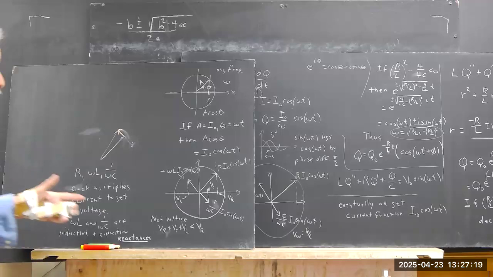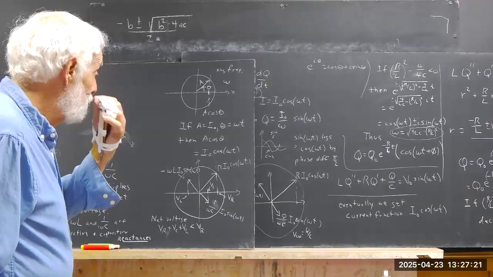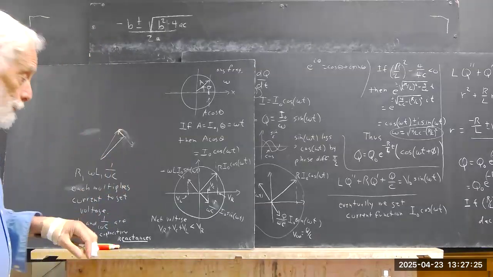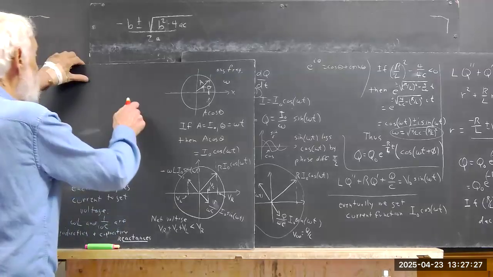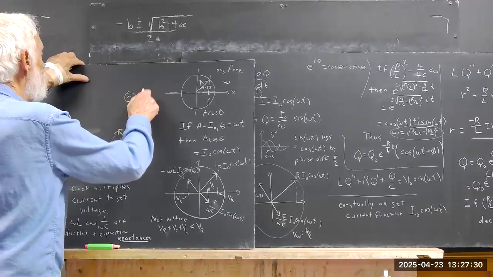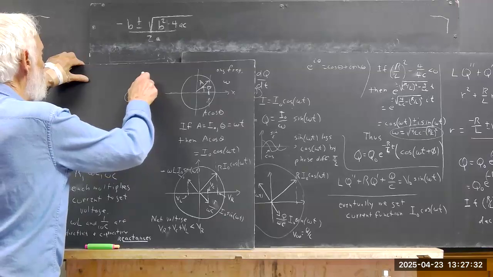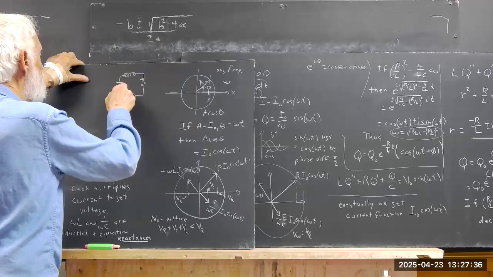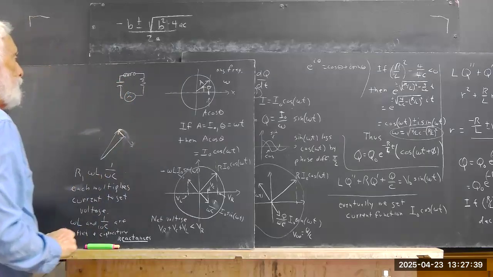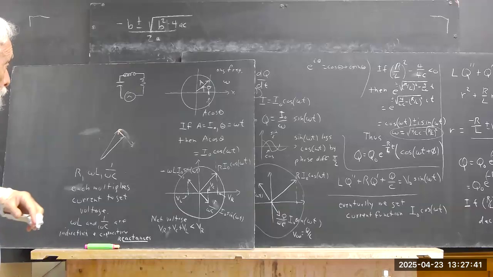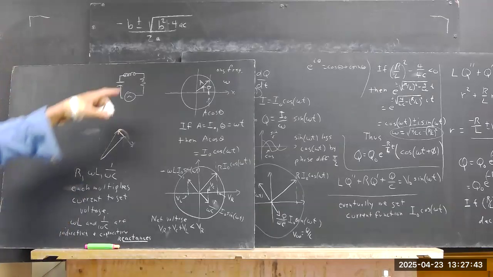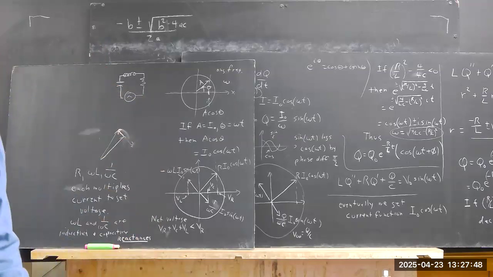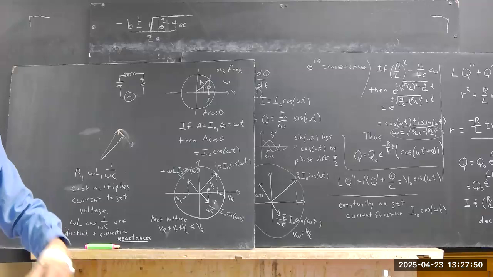Now if you've got these things in series, resistor, inductor, capacitor, your resistor is going to affect the current that you eventually get.